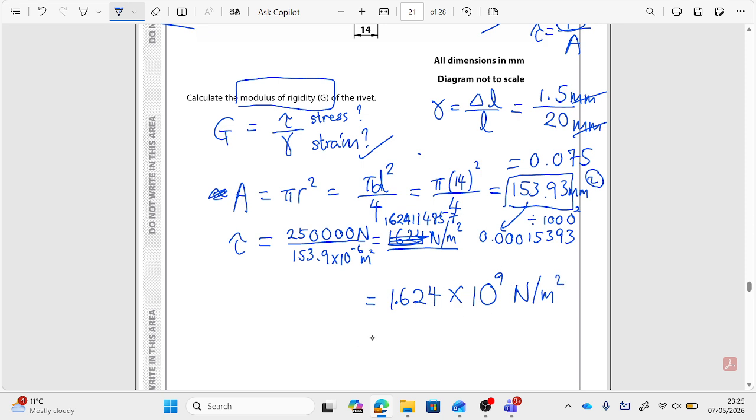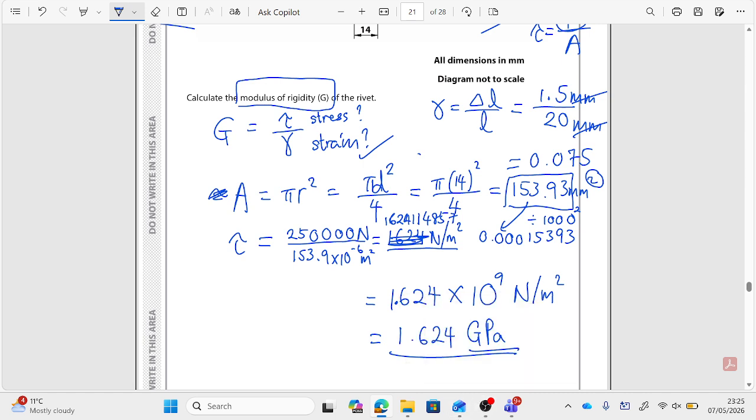Power of 9 is giga, so it's 1.624 gigapascal. They will accept Newton per meter squared, but for A-level physics you might not get away with that, so you have to write gigapascal.